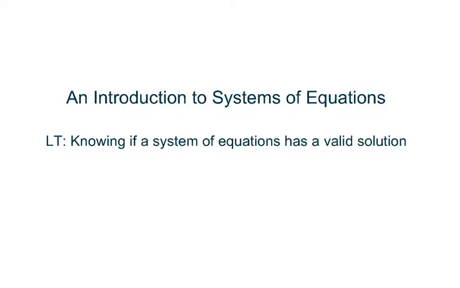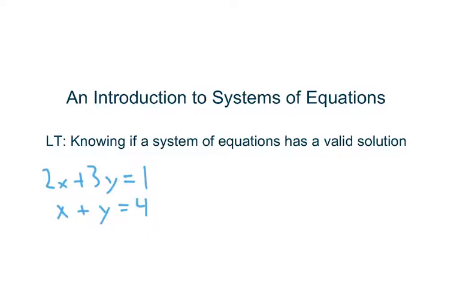So first of all, let me show you what a system of equations looks like. It could look something like this: 2x plus 3y is equal to 1, and then x plus y is equal to 4. You have several equations together. And then you can have different looks.